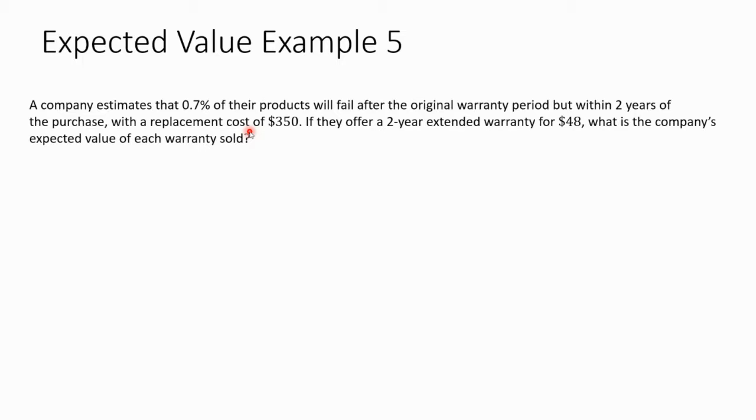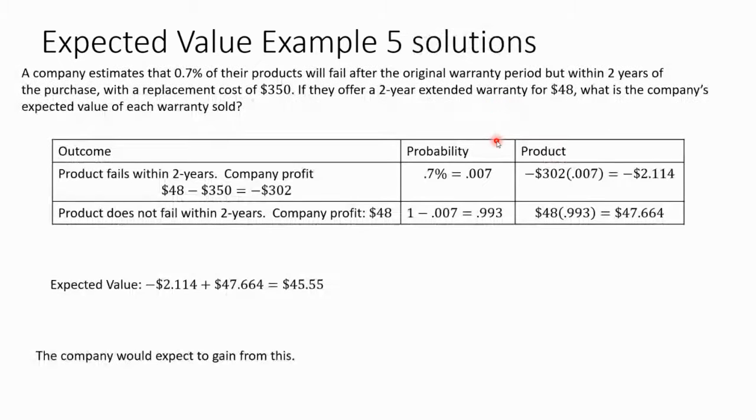If the product breaks down within the warranty period, it will cost the company $350, but each 2-year extended warranty is $48. So for the company, what is the expected value? We're looking at this from the company's point of view.